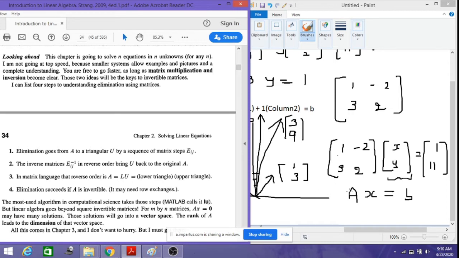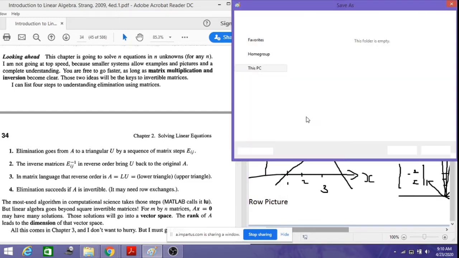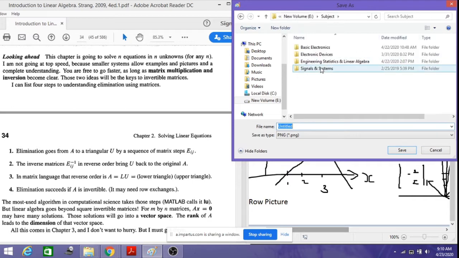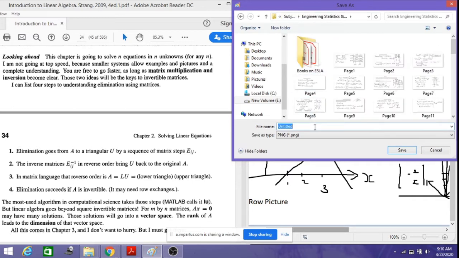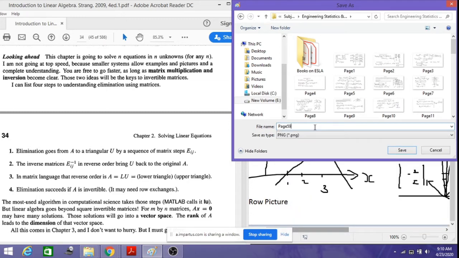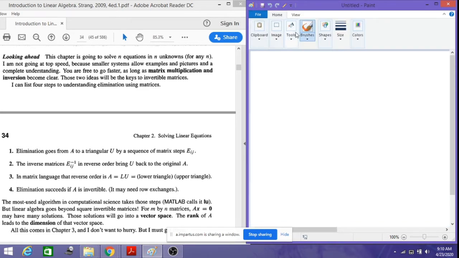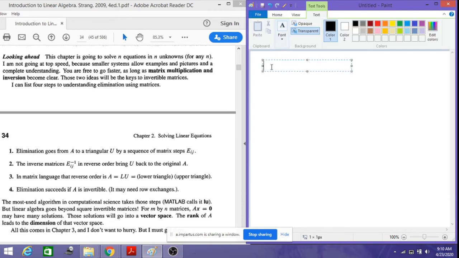So I'll just save this page. Let's list out a few things here in the elimination of the matrix.